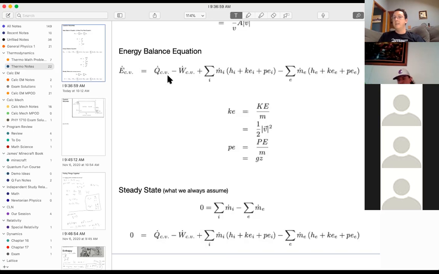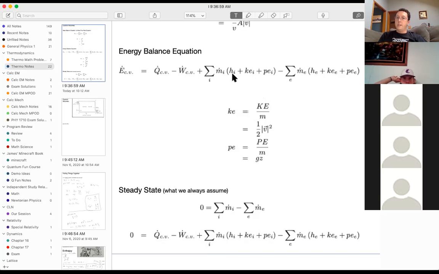That kind of makes sense. Q minus W. And then we also have inputs and outputs, flow in, flow out. Each flow in is going to count as a gain in energy for the control volume, and each exit is going to be accounted for with a loss of energy, so you get a minus sign.